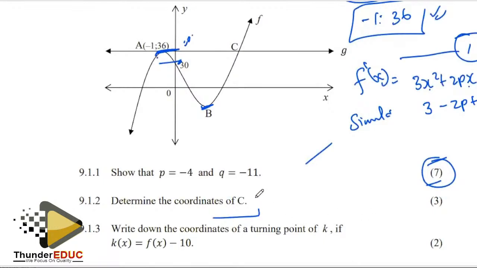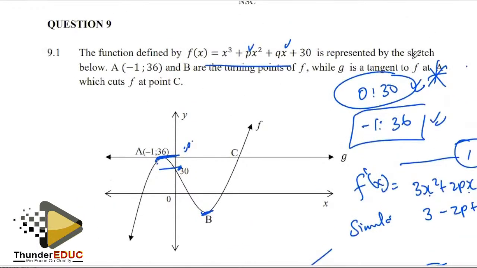Then they ask for the value of c. So with c, we know that this line is parallel to the x-axis. Is that true? The line that cuts f at c. It looks like yes, it's parallel to the x-axis.